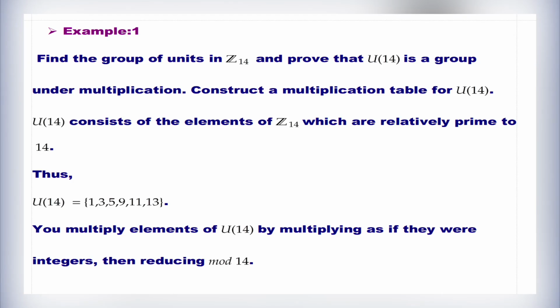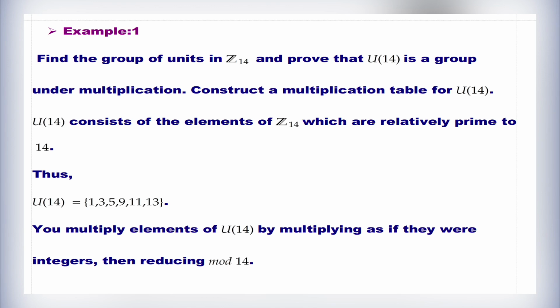Now, we look into some examples. The first example is: find the group of units in Z14 and prove that U(14) is a group under multiplication. Construct a multiplication table for U(14). U(14) consists of the elements of Z14 which are relatively prime to 14.